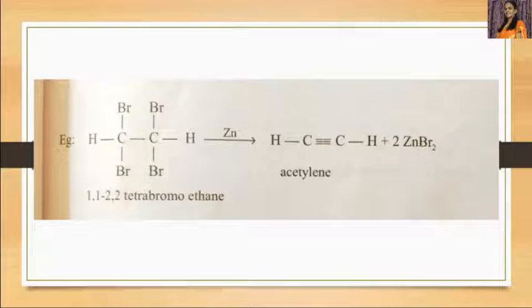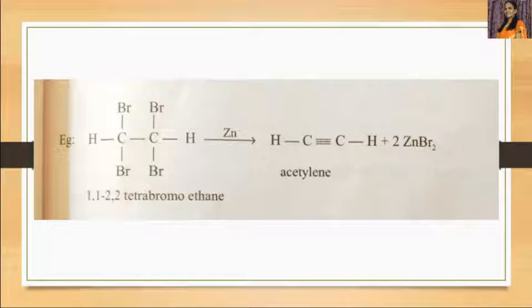On the second carbon also two bromine atoms are there, therefore the second carbon number is also repeated. So 1,1,2,2-tetra, because four bromines are there, bromo ethane. Why is it ethane? It is only a two-carbon alkane, therefore it is ethane. So this is 1,1,2,2-tetrabromoethane.